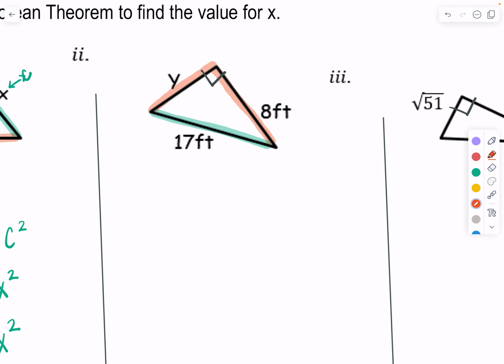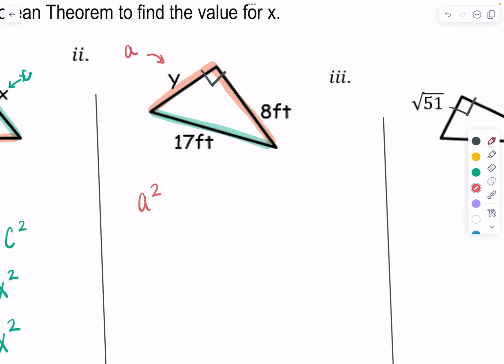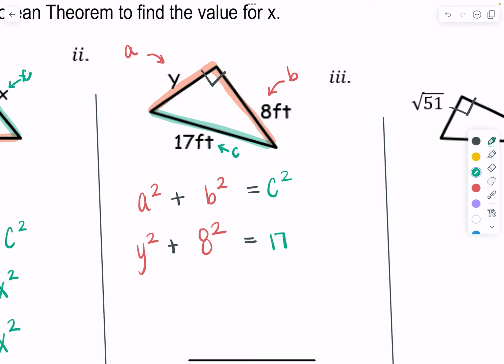So I've got my A, we'll let A be Y. So A squared, Y squared, plus, we'll say B is 8. And that needs to equal C squared, which is 17 in this one.